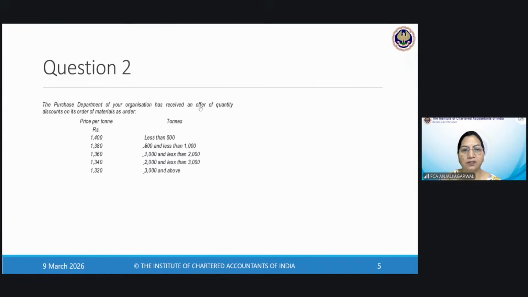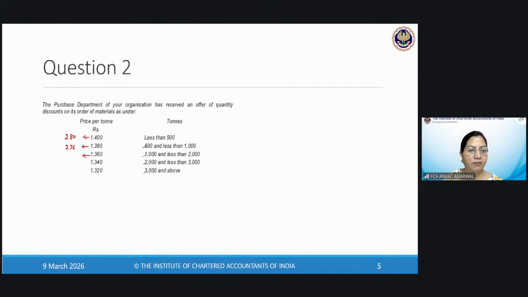Now, in this question, the cost of storage will change with every unit. Here it is 20% of 1400, which is 280. Here it will be 20% of 1380, 276.